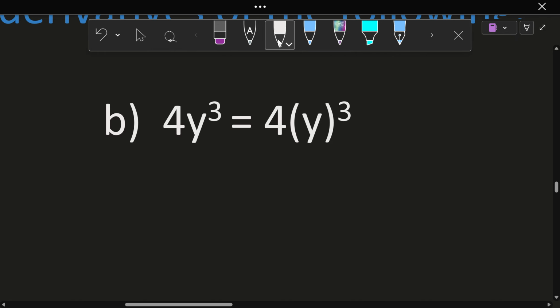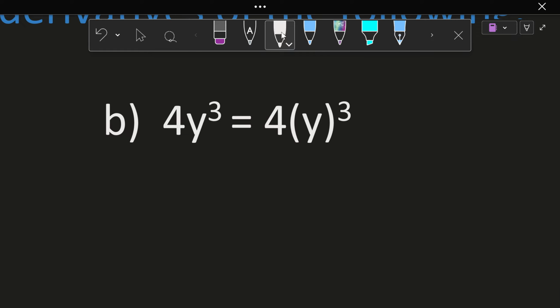So we have 4y cubed is what we want to take the derivative of. So I just started by rewriting that as 4 and then y in brackets with the 3 up above, because now it does really look like a chain rule. So my derivative of this one, I almost wrote y prime equals, but I'm not doing that anymore right now.